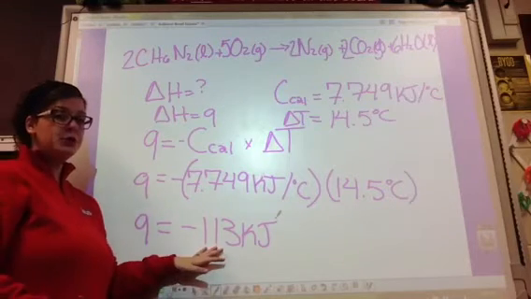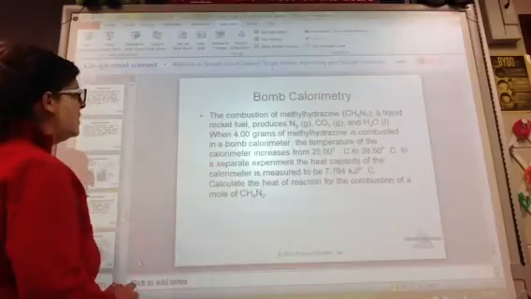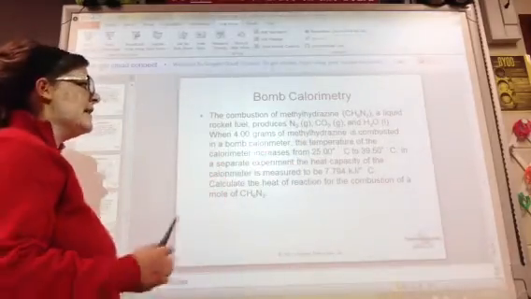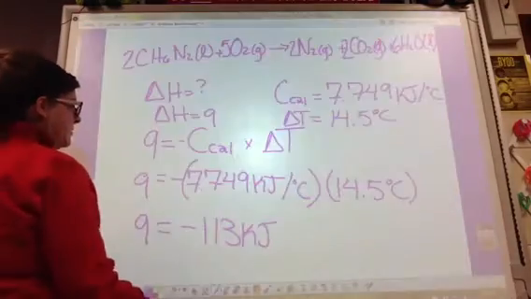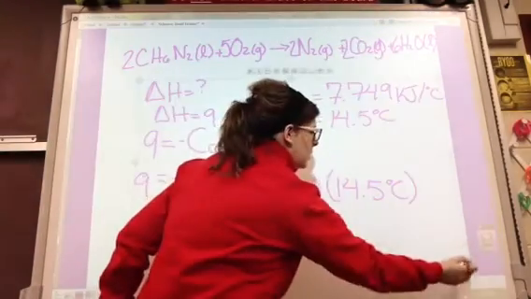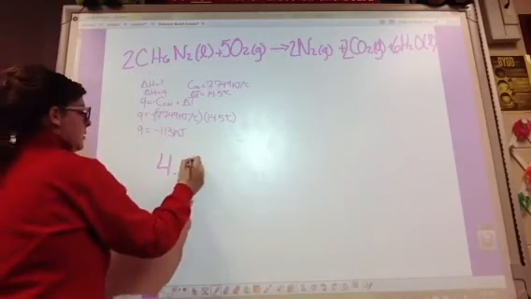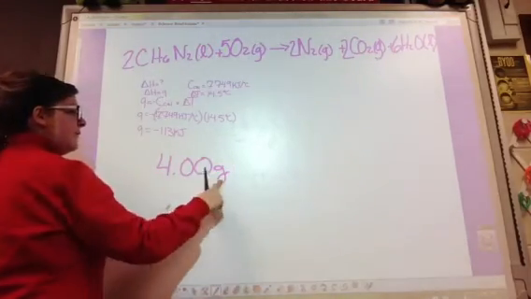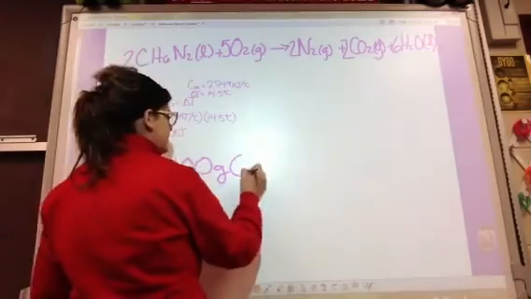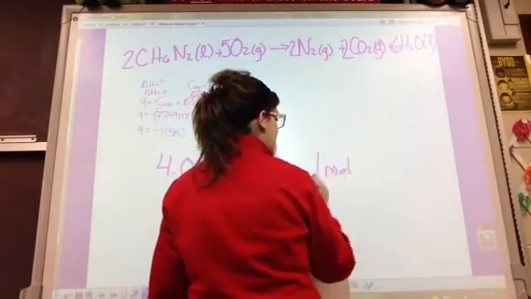And so this is just kilojoules, but I don't have it per mole yet. Well, in the problem, it said, let's assume we have 4 grams of this methylhydrazine. That's how much we combusted in the bomb calorimeter. So if I want to get moles, I need to convert that 4 grams of methylhydrazine, which is 4 grams CH6N2, to moles.